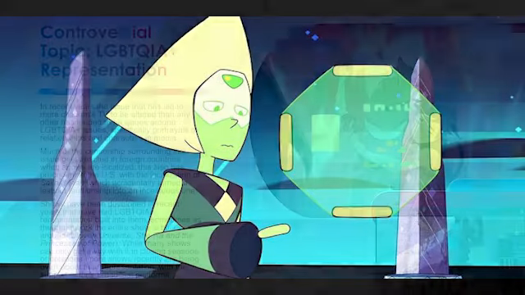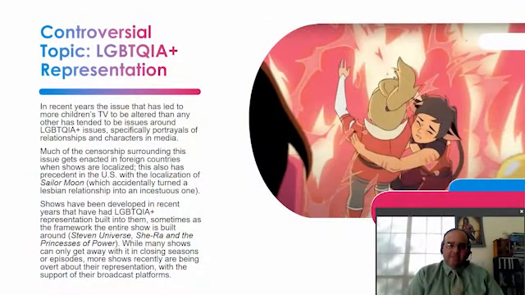The other prime example recently is the Netflix show She-Ra and the Princesses of Power. The central, I don't want to say conflict, but basically the central framework of the entire show winds up coming down to the characters pictured here, Adora and Catra.